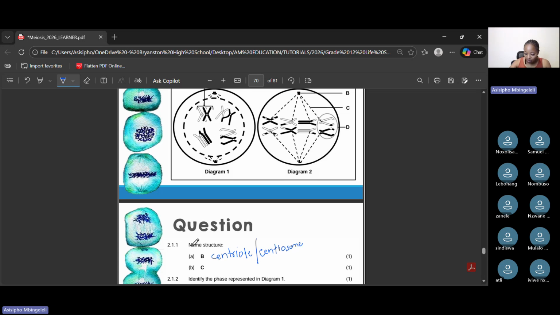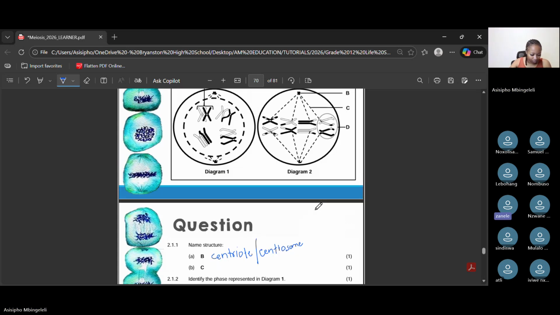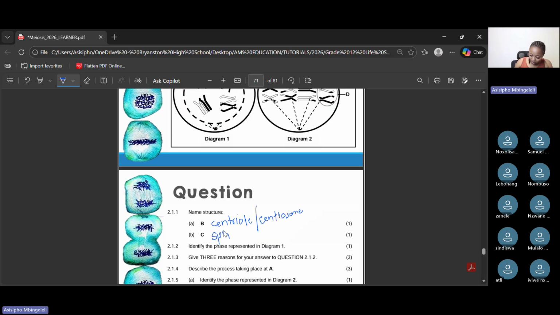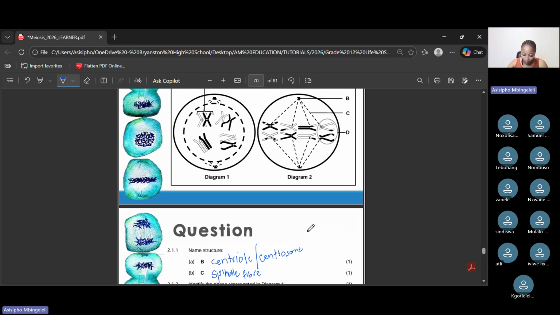Then for C, what did you guys say for C? Spindle fiber. Right. My pen is acting up. Then identify the phase represented by diagram 1.